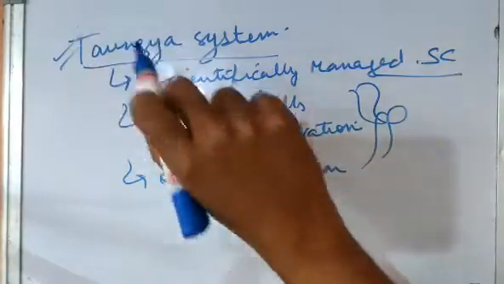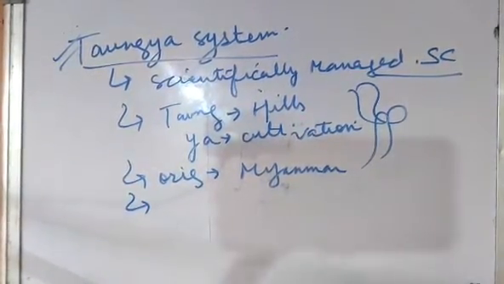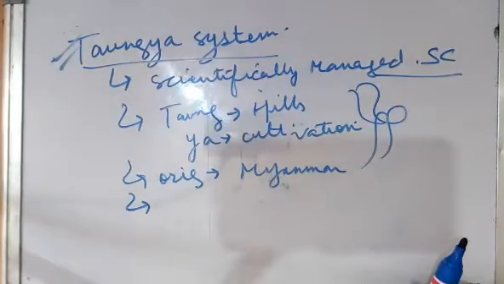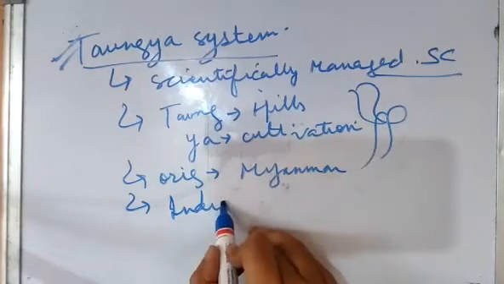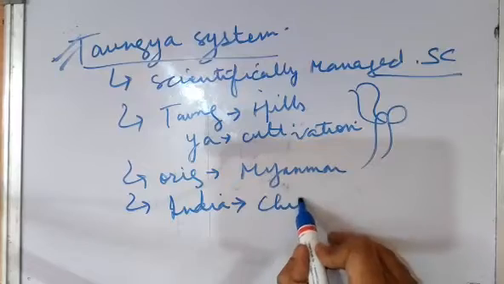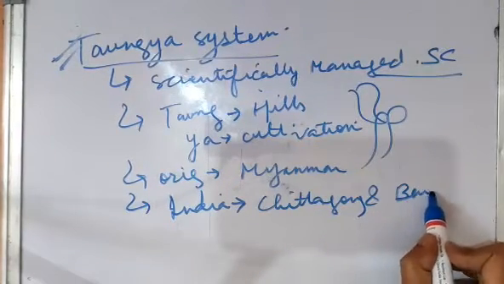It has been asked in previous years, so you should make a crisp note on it. You should make notes on everything which I am teaching, but the questions that you ask are very important. Originated in Myanmar. In India, it is practiced in Chittagong and Bengal areas.